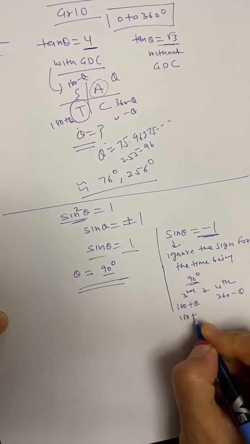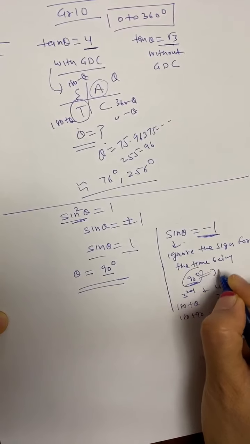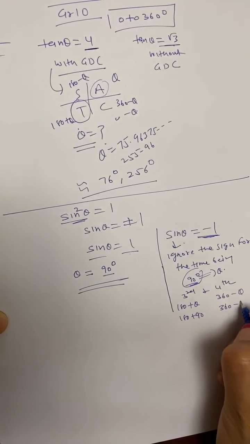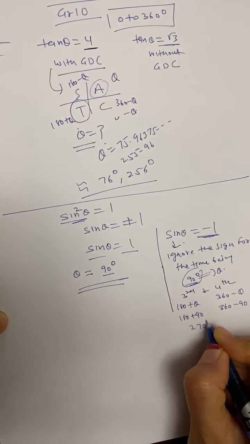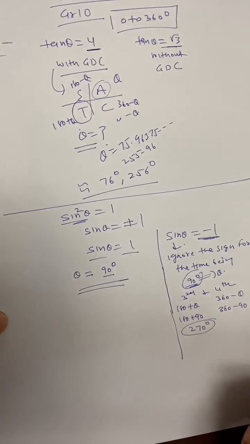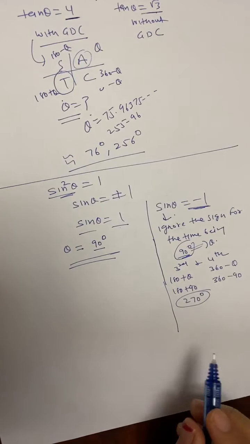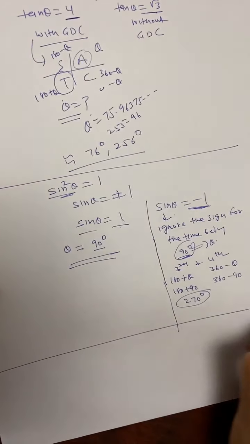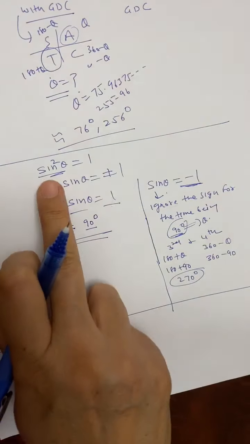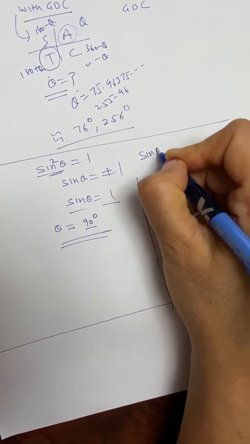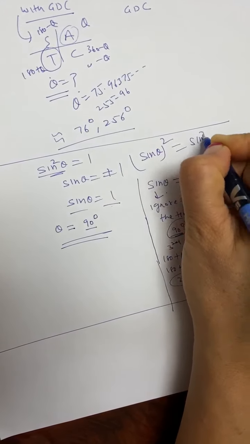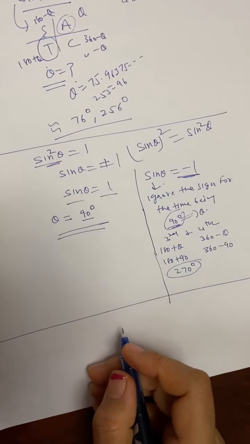So 180 plus 90, because this is the acute angle theta, and 360 minus 90. In both cases it's going to be 270 degrees. So sine 270 degrees is negative 1. I hope it's clear. This is how you do it when you have a quadratic. Sine squared theta is just a different way of writing this.